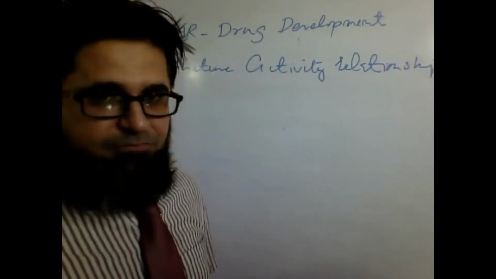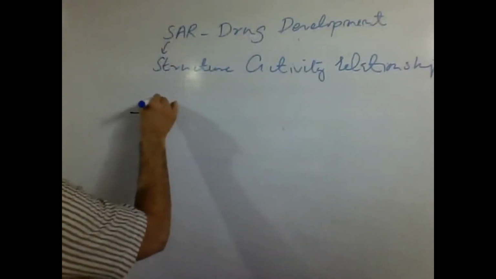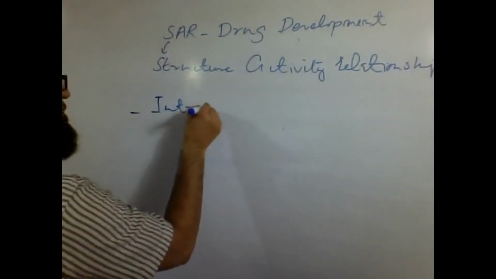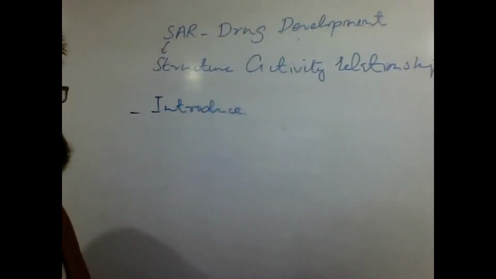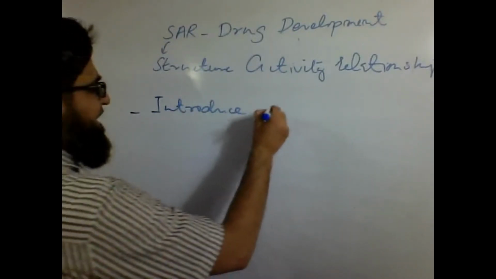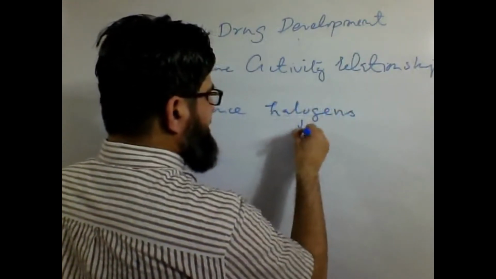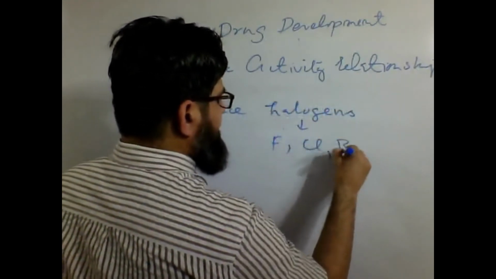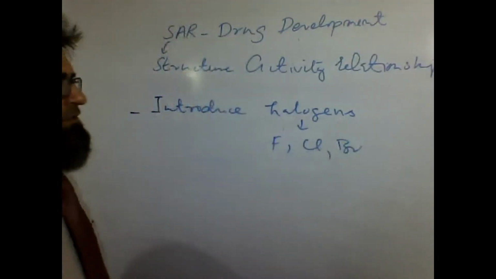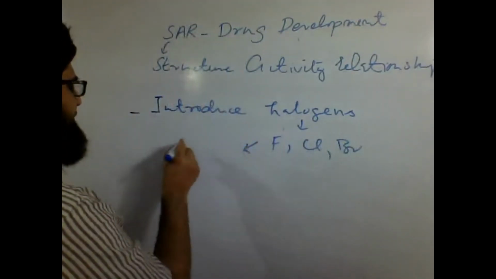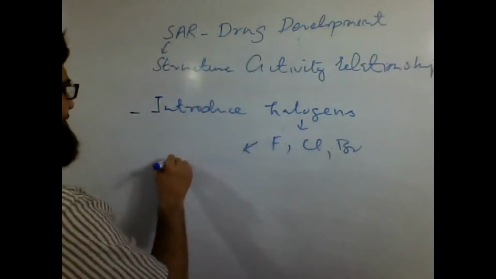Similarly, we could introduce halogens into the lead molecules, you know. They're also basically done for the development of hydrogen bondings.